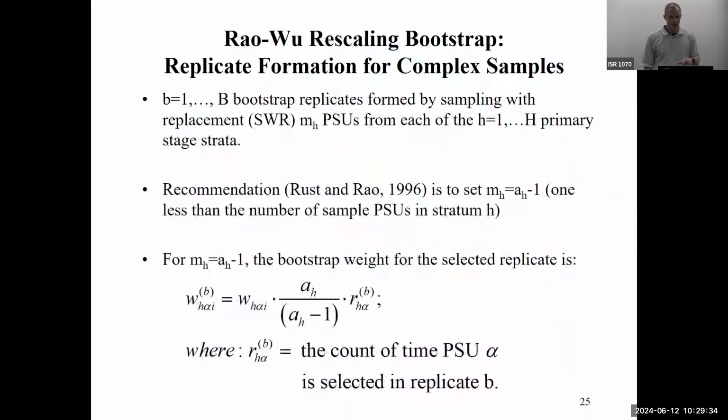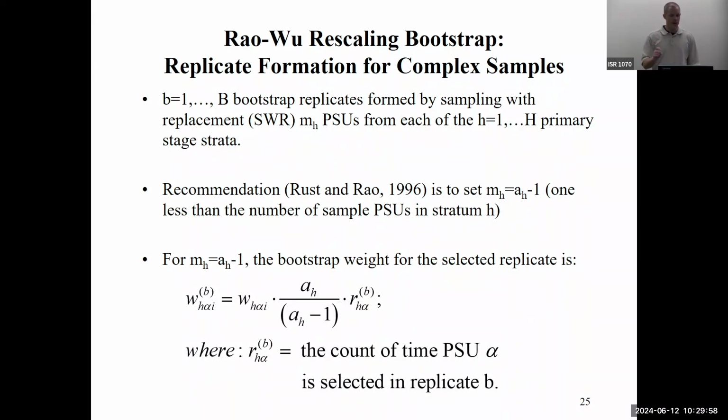Okay, thank you. So in that setting where m sub h is equal to a sub h minus 1, the bootstrap weight that would be computed for that selected replicate is what you see here. You take the final survey weight, you multiply by the number of clusters divided by the number of clusters minus 1 from that individual stratum, if they're in your bootstrap sample, okay?